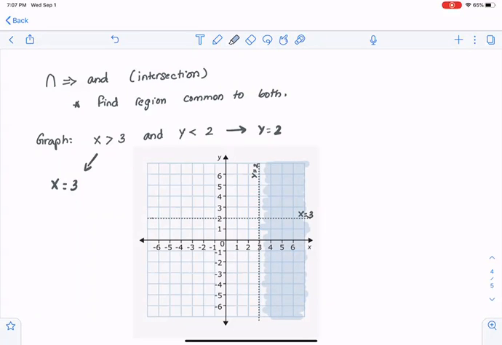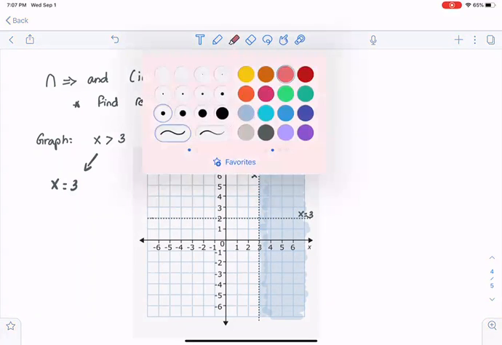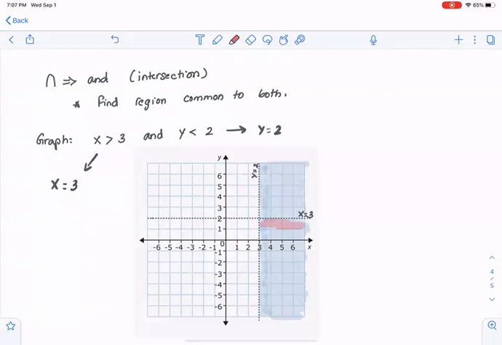And y, of course, these would be included as well, but nothing on the line. And y has to be less than 2. And the region that is common to both will be the solution.